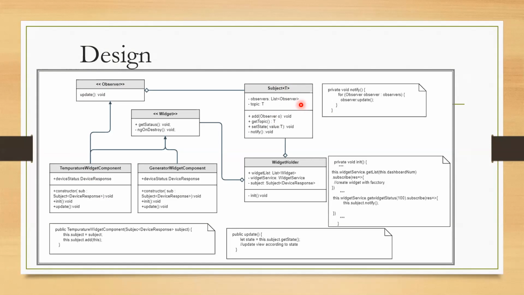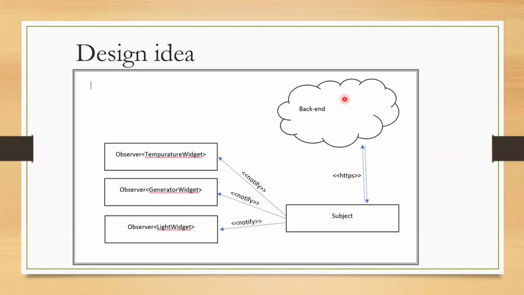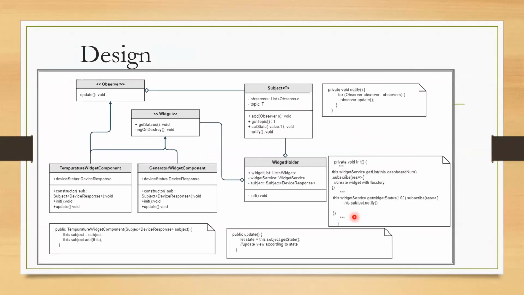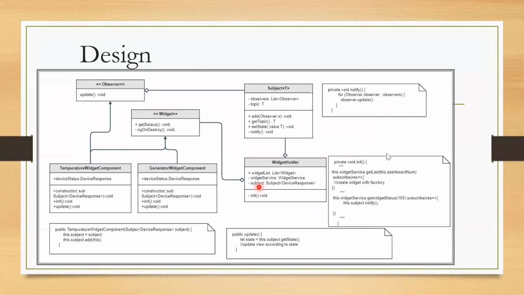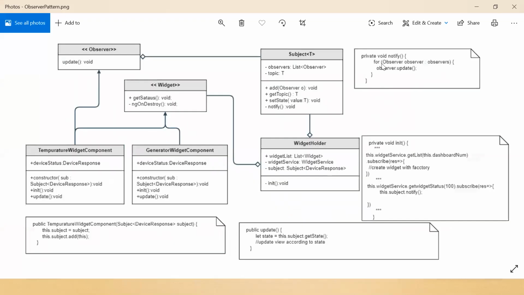So in this design, how it solves the problem is that it notifies all the widgets with the result. I'll take a big diagram. Can you see the diagram? Yes.